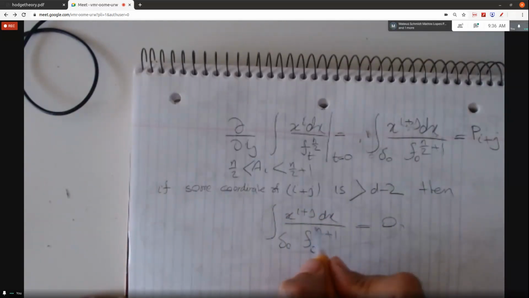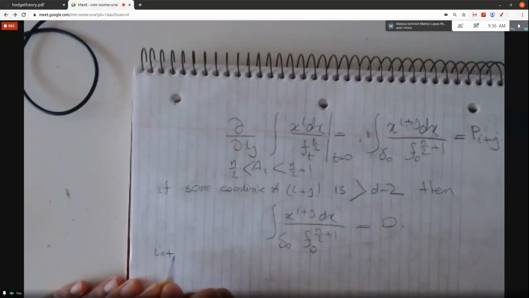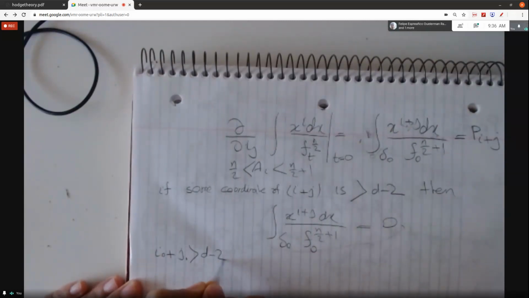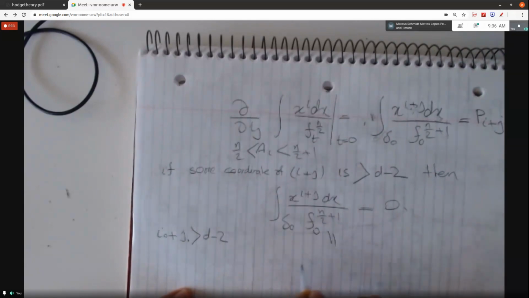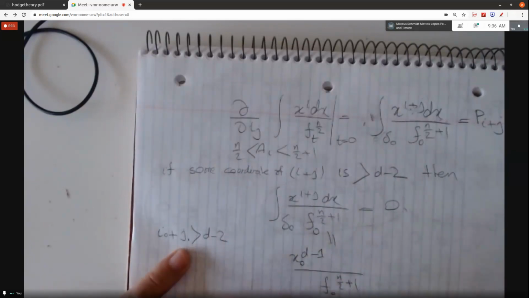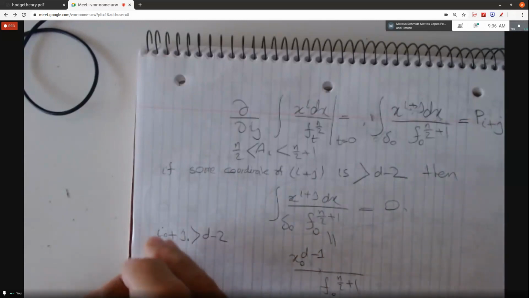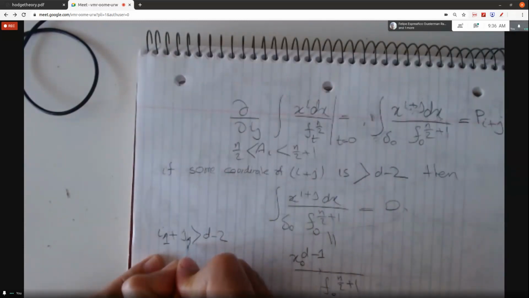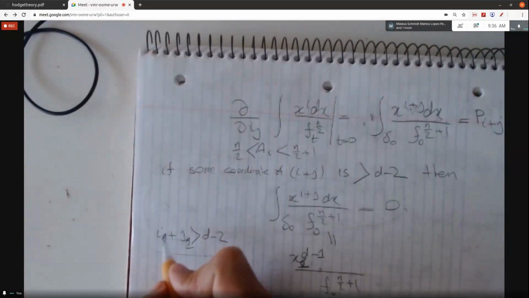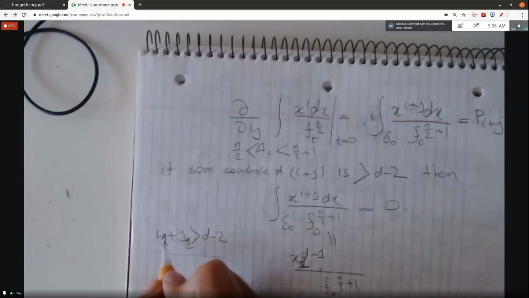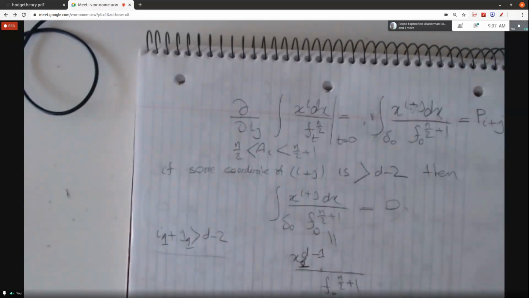The main point is that, for example, if I0 plus g0 is bigger than d minus 2. What does this mean? This means that you can write this integral as f0 n half plus 1, and then x1, for example, the coordinate 1, I1 plus g1 is bigger than d minus 2.